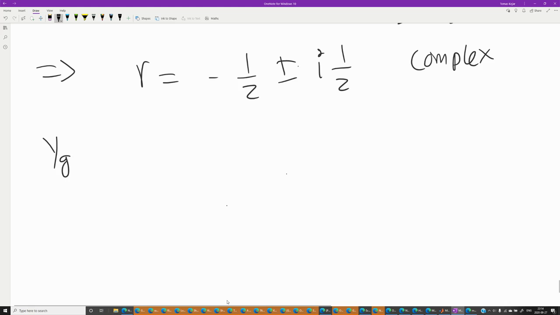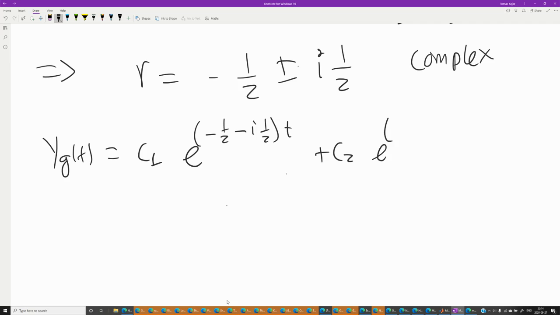So the general solution is as follows: C1 e to the minus a half minus i a half t, and e to the minus a half plus i a half t.